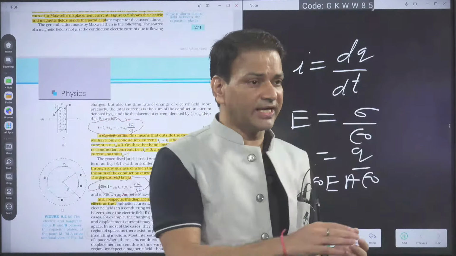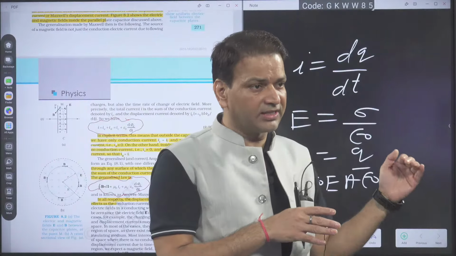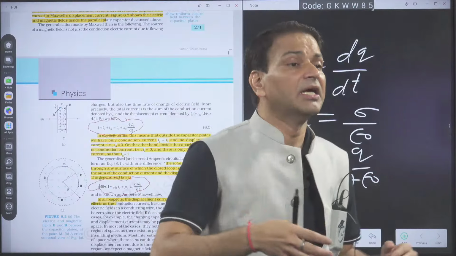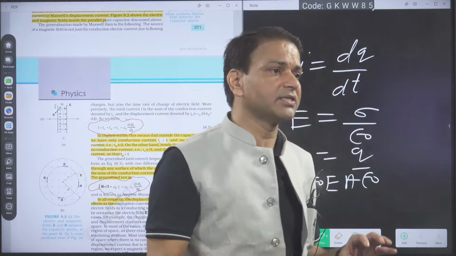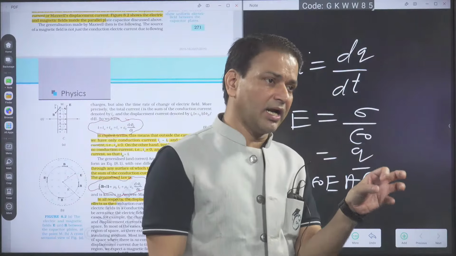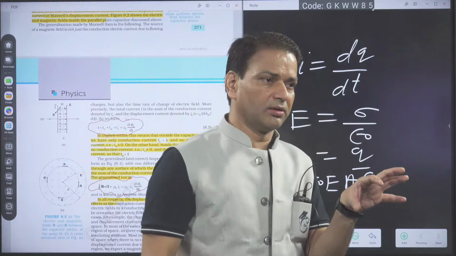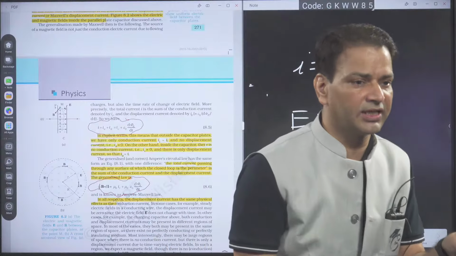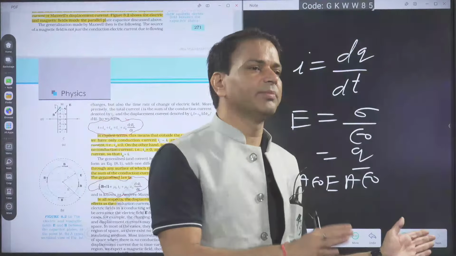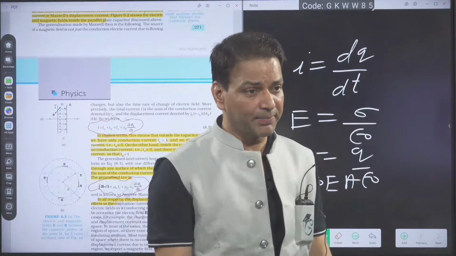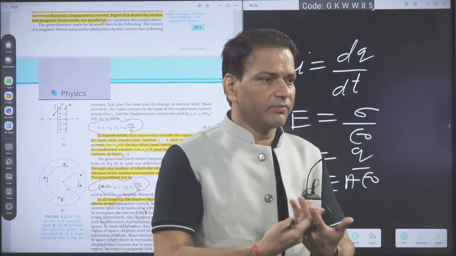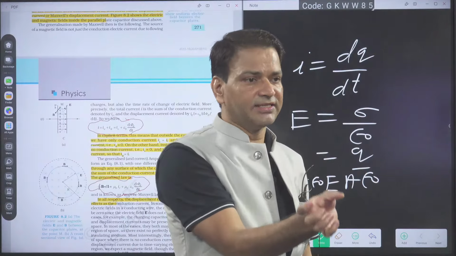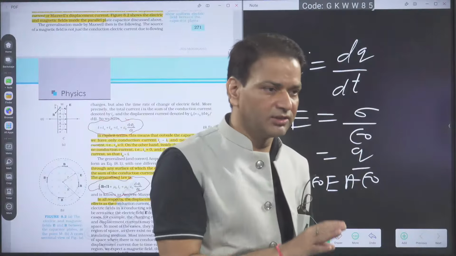Q. It means the rate of flow of charge in the connecting wire is equal to the rate of change of charge on the capacitor. That's why we are saying in a capacitor, conduction current and displacement current will be equal. So the displacement current between the plates of the capacitor equals the conduction current in the connecting wire. So IC will be equal to ID in the case of the capacitor. Between the plates we will have the ID, outside the plates we will have the IC. Between the plates IC is equal to 0, outside the plates ID is equal to 0.